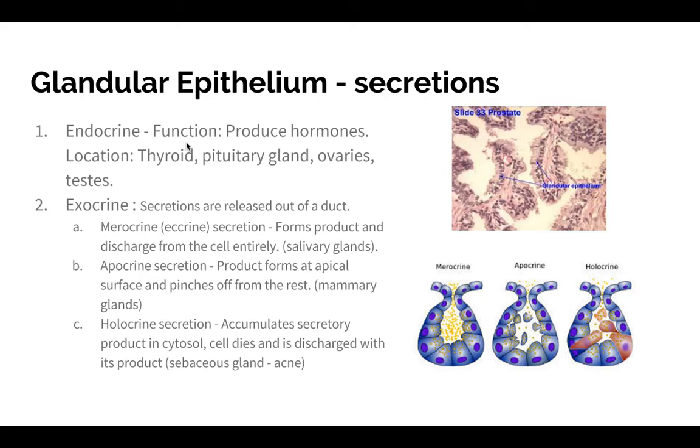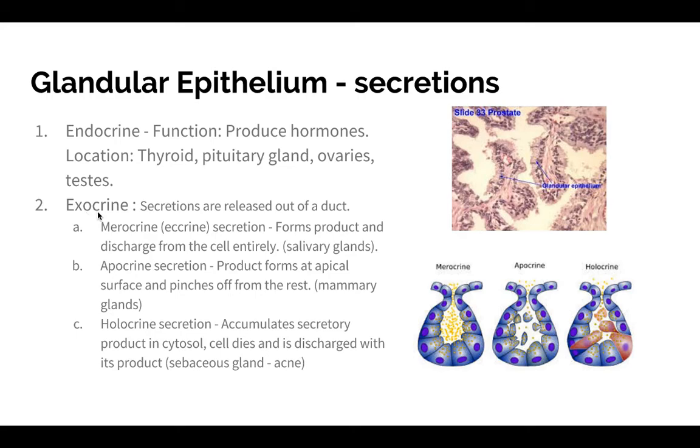So the function of these cells is to produce hormones, and the location of this tissue would be the thyroid gland, pituitary gland, and in the reproductive glands, the ovaries and the testes. The next type of glands are the exocrine glands.